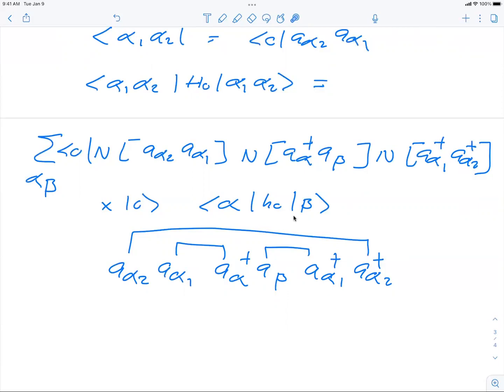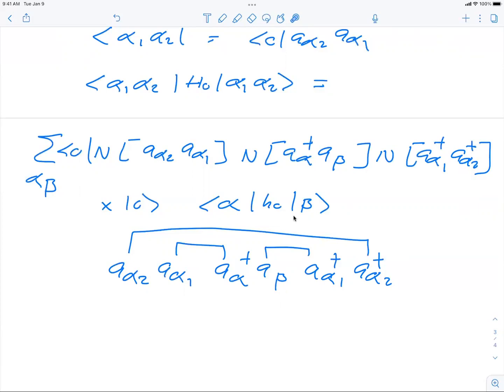So you see now that the way we have set up the chain of operators, it means that if we try to take contractions between these operators within the same normal ordered product, that gives us always 0. Does that sound plausible? So that means that the only non-zero contractions are those which link operators with different normal ordered strings of operators.